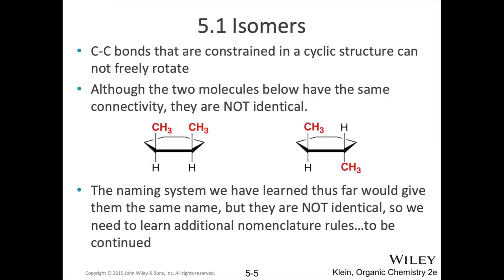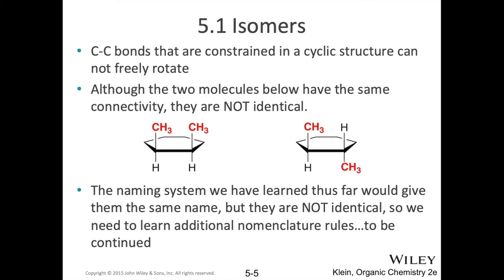But now look at these two molecules. Both of these molecules are 1,2-dimethylcyclohexane. But clearly they're not identical, even though all the groups are attached at the same places, right? We have a methyl group at the number 1 position, a methyl group at the number 2 position, a cyclohexane ring, yet they're not identical.